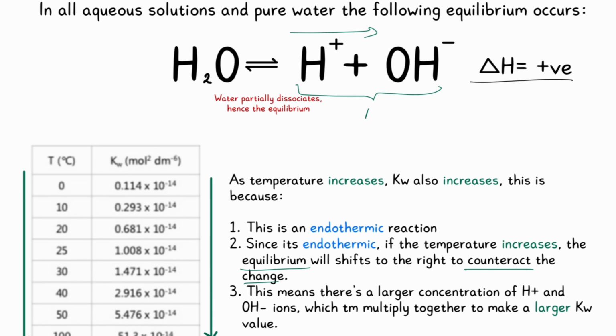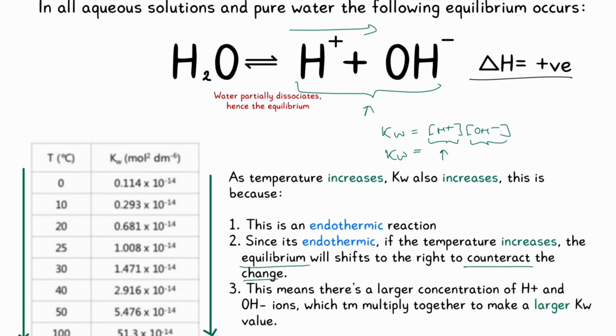Since we increase these and we refer to Kw's equation, being the concentration of hydroions times the concentration of hydroxide ions, you've now increased these values right here, and when you multiply these increased values together, you're going to get a bigger value for Kw. And that's why Kw increases with temperature.